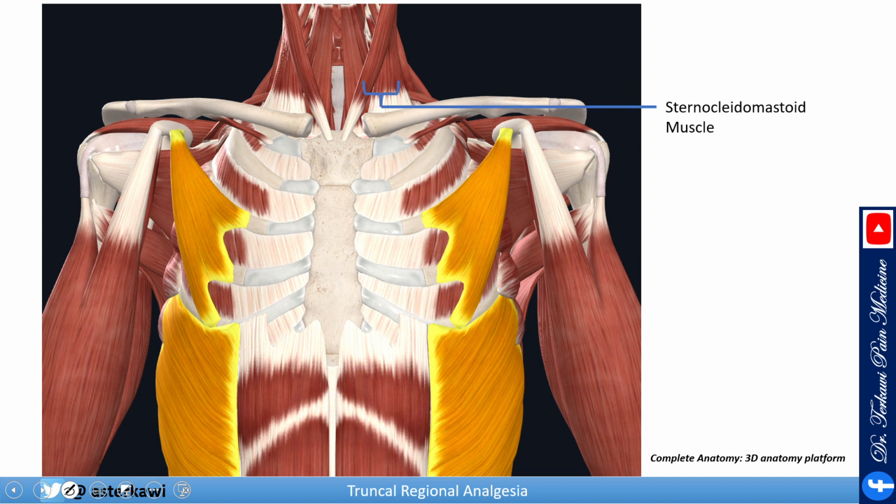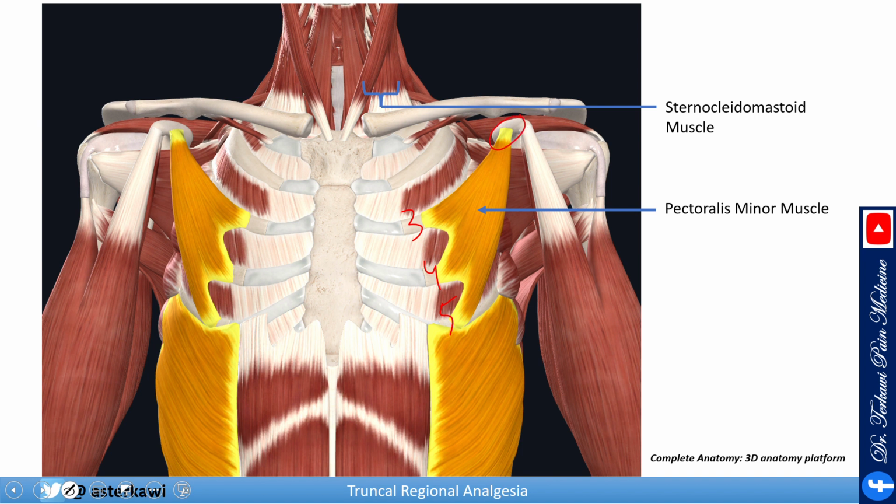Here you will see the sternocleidomastoid under the platysma, and more relevant, the pectoralis minor muscle. The pectoralis minor originates from the anterior surface of the third, fourth, and fifth ribs, and deep fascia overlying related intercostal spaces, and it inserts on the coracoid process of the scapula.